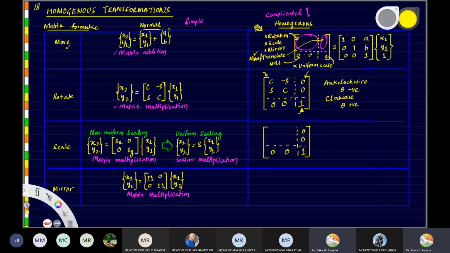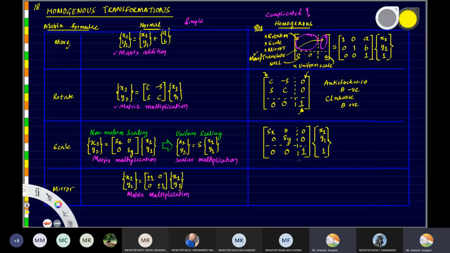Then this scaling matrix Sx, Sy will come here. Okay, so this is what happens to the scaling matrix. So once again, if you want to use this scaling matrix, the coordinates x1, y1, and 1 you have to multiply here.